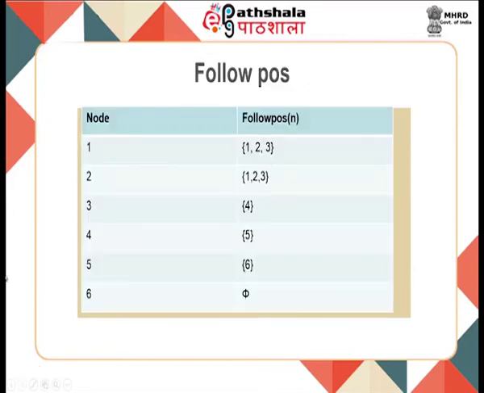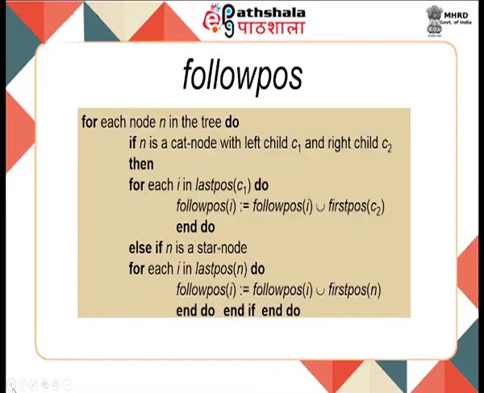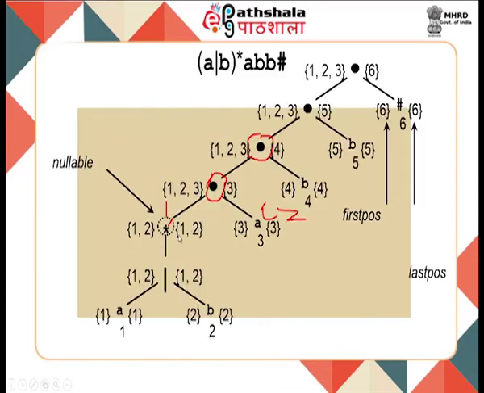And what about the other two? If you look at the star node, if n is a star node, for each I in last position of n, do follow position of I is equal to follow position of I union first position of n. First position of n is your star node basically. So this is my star node.